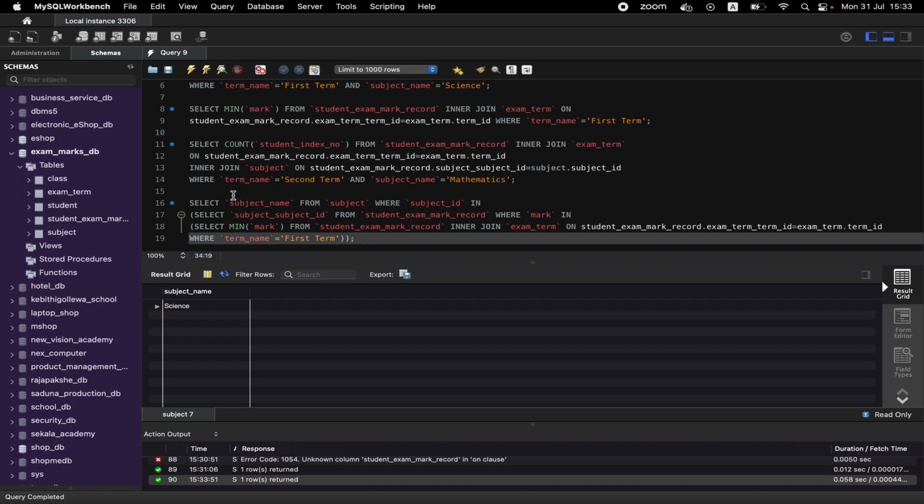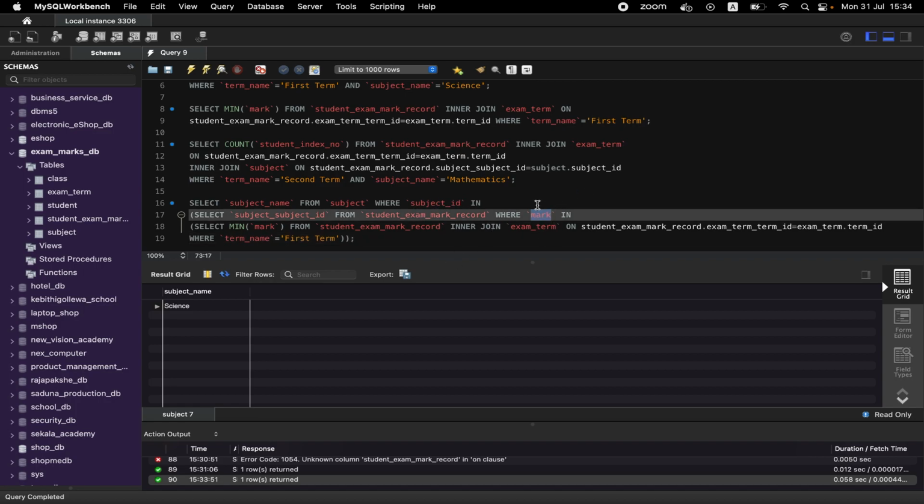So here, first I select subject name from the subject table, and to get the subject ID we write a subquery: select subject ID from the student exam mark record, where, and again to get the marks we are writing another subquery.